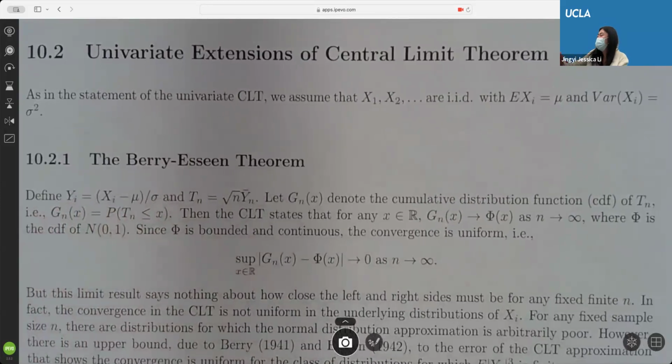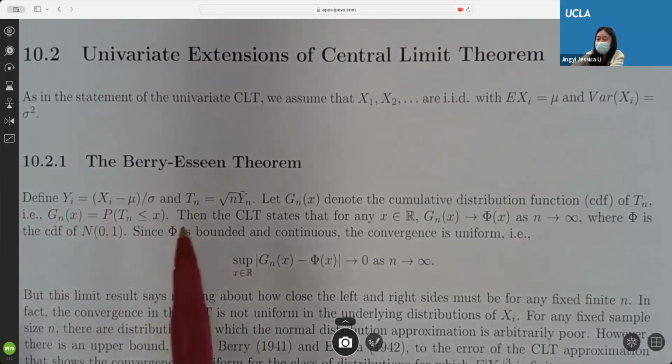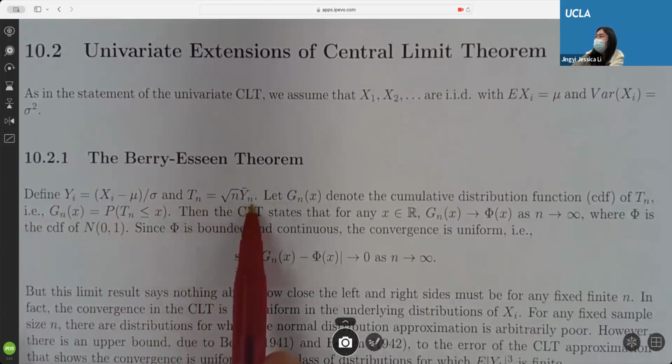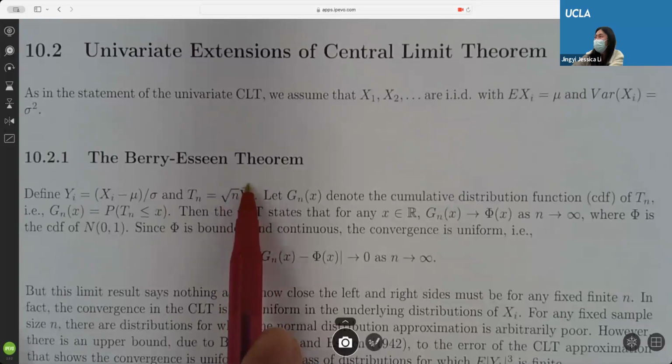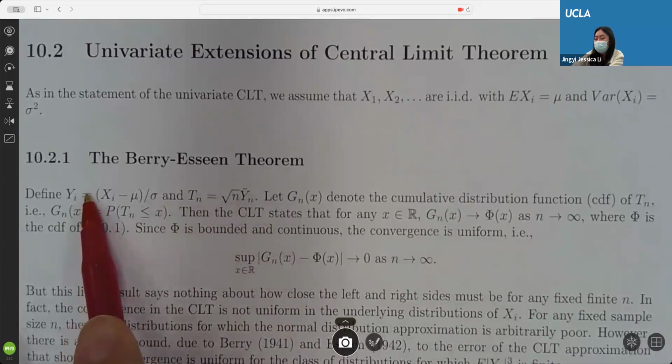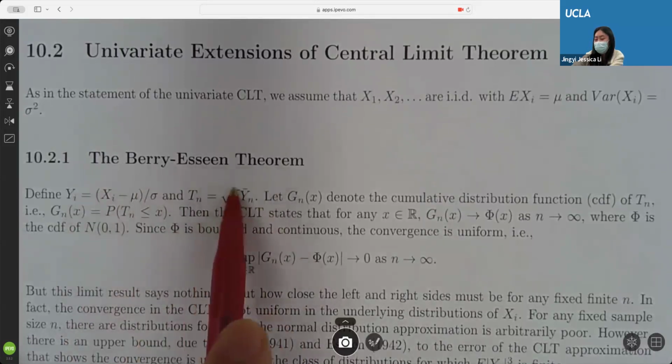By doing so, we can assume Yi has mean 0 and variance 1, which makes the discussion simpler. Let Tn be root n times Yn bar. This is what we have on the left of the central limit theorem: Yn bar minus the mean, and since the mean is 0, we just have Yn bar.